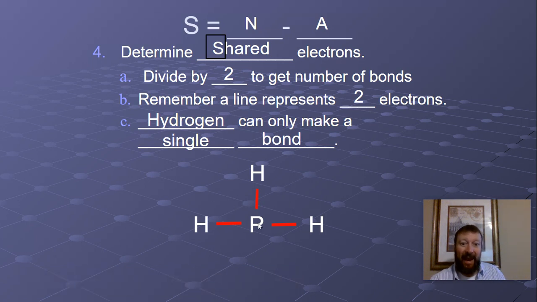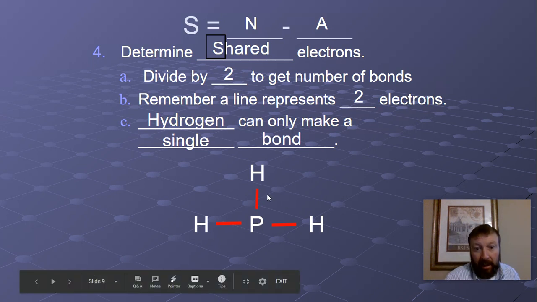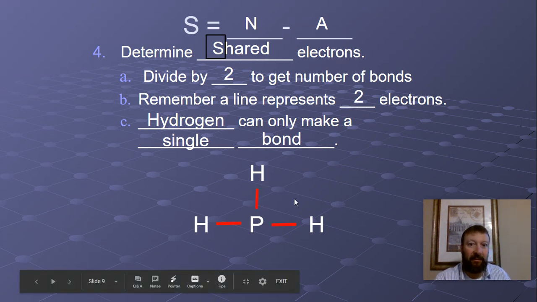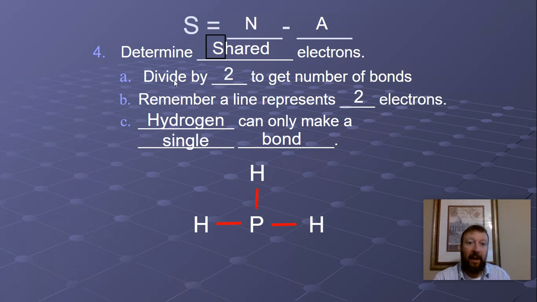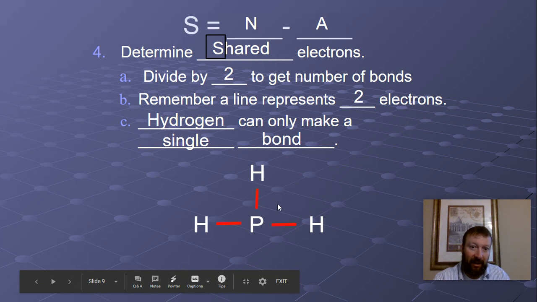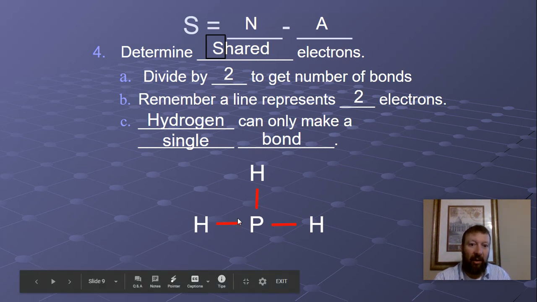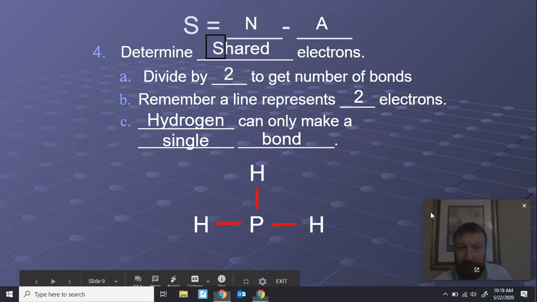Minus how many it actually has, 8, is 6. Divide by 2, and 6 divided by 2 tells me there are going to be 3 bonds. Then you attach those 3 bonds to the available elements. As in C, hydrogen can never have more than one bond because it's happy with 2. Remember, each line we draw represents 2 electrons. That's how you figure out how many bonds there are.